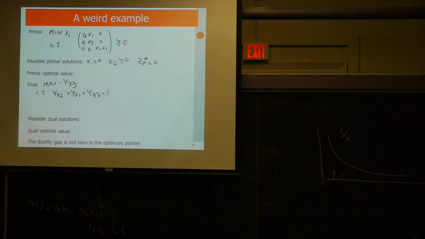This is 1, and y22, this is 0. And we also know that y has to be PSD. So the question is, what are the feasible dual solutions for this matrix y? So we know y22 is 0. What does that imply? Again, that the second row and second column are 0.